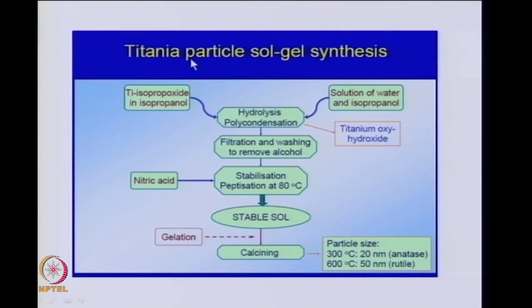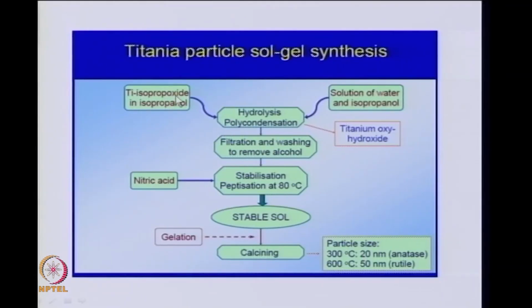This is a similar example, except now instead of alumina you are going to make titania. Titania is TiO2, and if you have to prepare TiO2 using the sol gel synthesis, you start with titanium isopropoxide and you take this titanium isopropoxide in isopropanol, that is an alcohol.